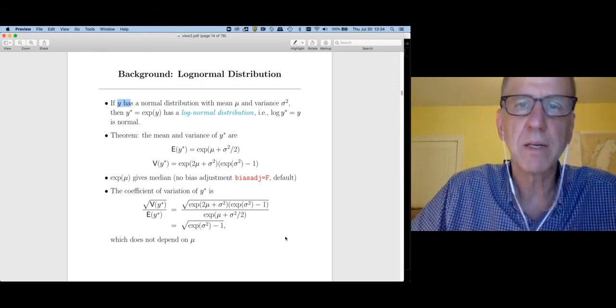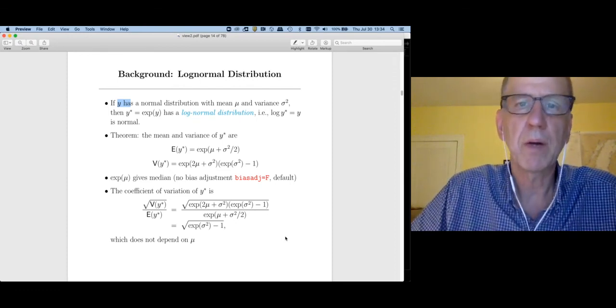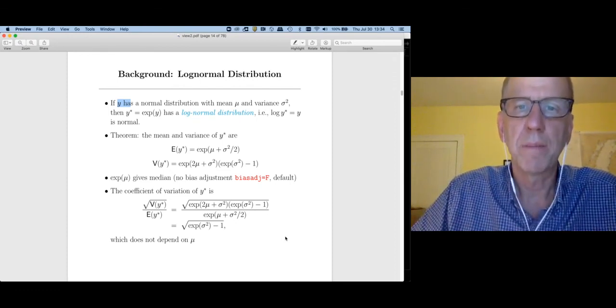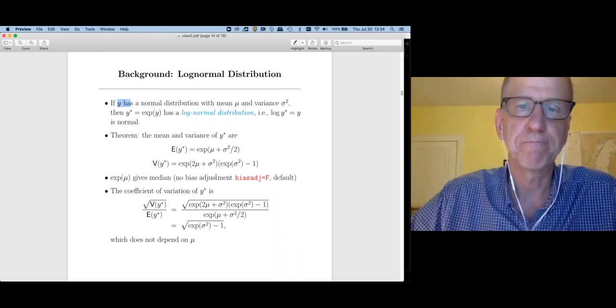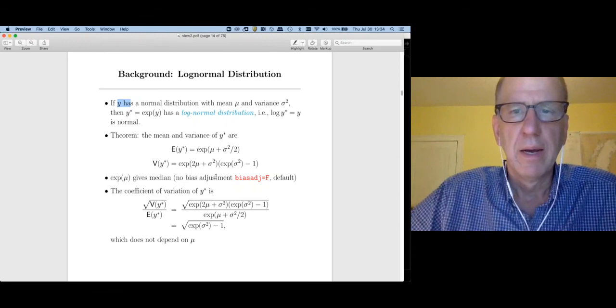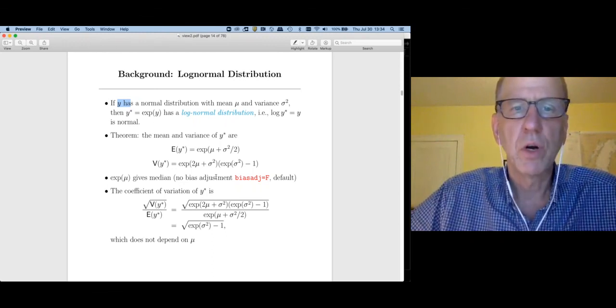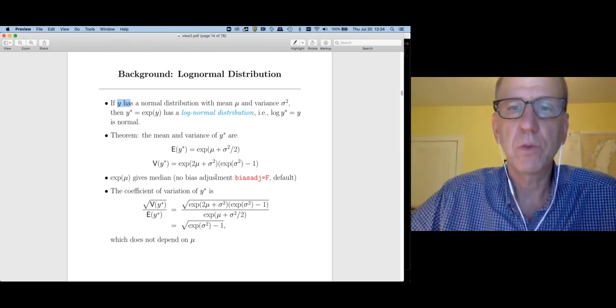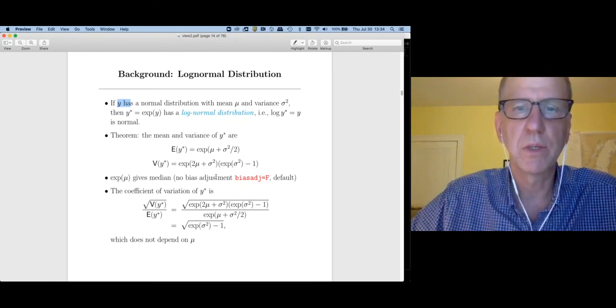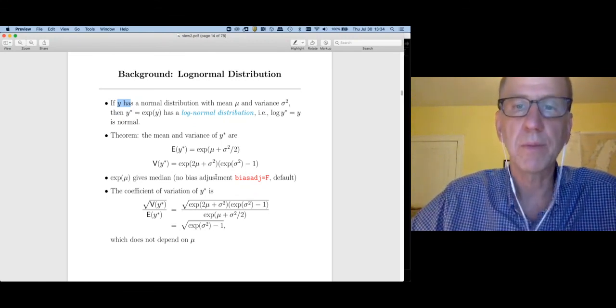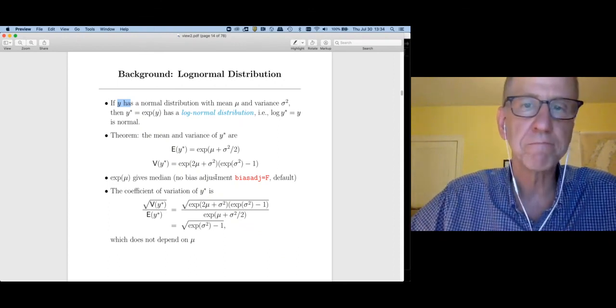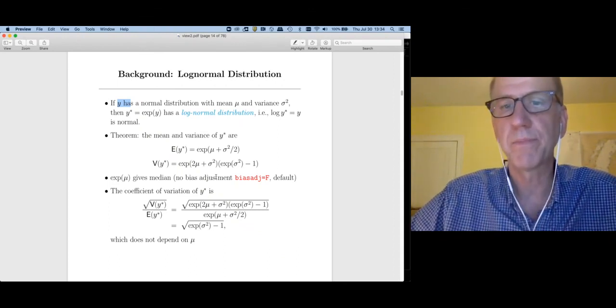Just using the median as the forecast may be a better way than using the mean. And that would be the value that you get without the bias adjustment. All right, so I don't have a strong opinion on whether or not you use the bias adjustment, but that gives us a little bit more background on what it means. So without the bias adjustment, you get the median. With the bias adjustment, you get the mean.